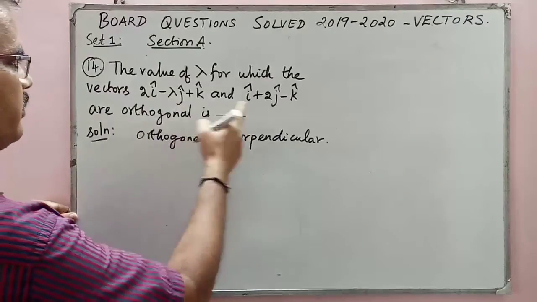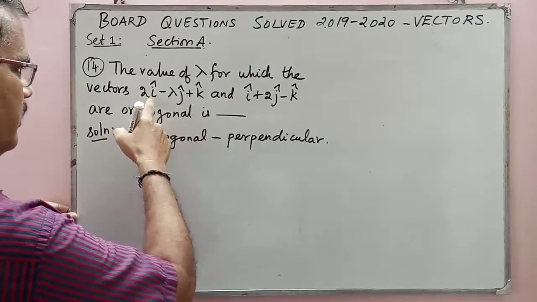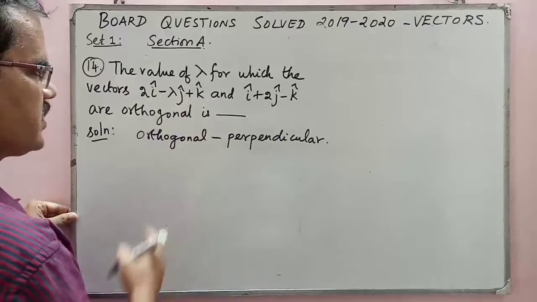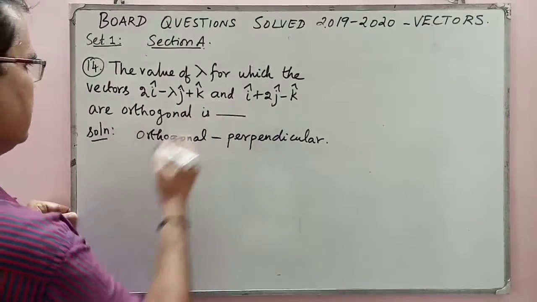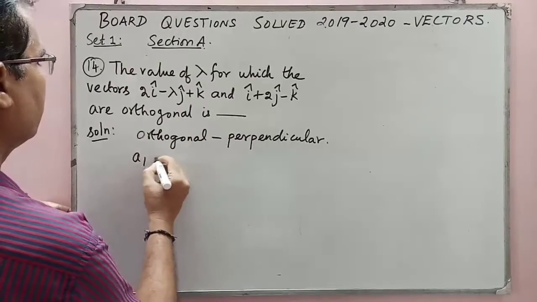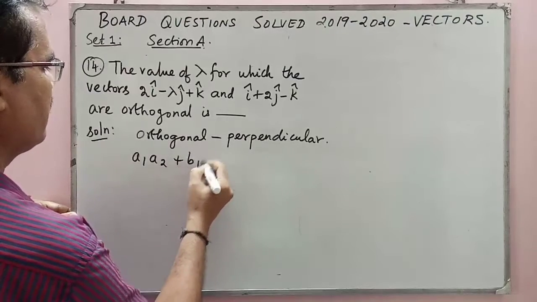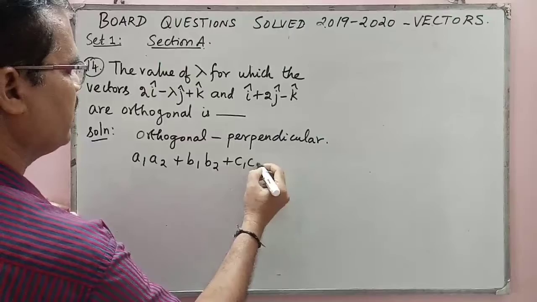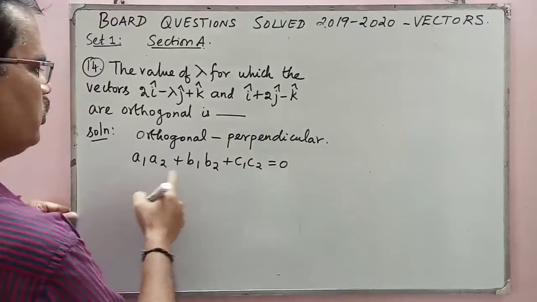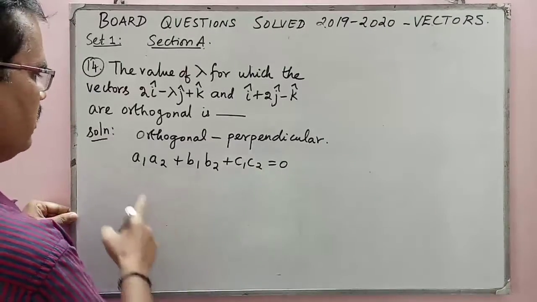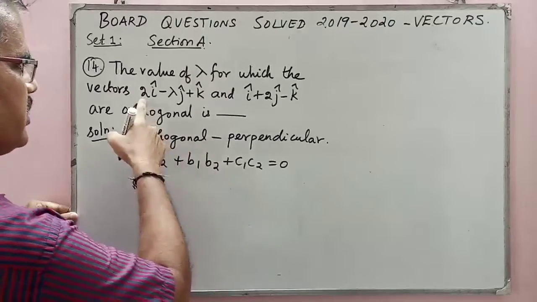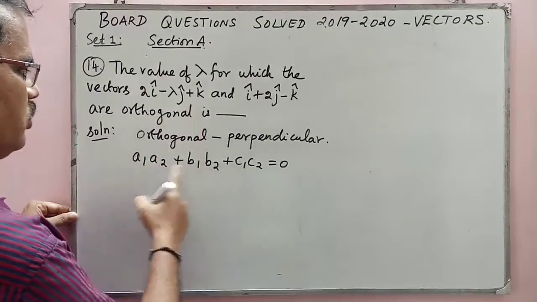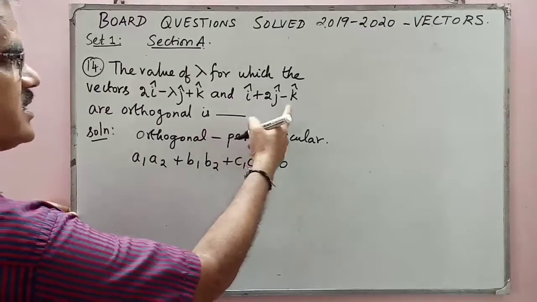So when the vectors are perpendicular, we know the sum of the products of direction ratios is equal to 0. So let us write the condition for the vectors to be perpendicular. a1 a2 + b1 b2 + c1 c2 equals 0, where a1, b1, c1 are direction ratios of the first vector, and a2, b2, c2 are direction ratios of the second vector.